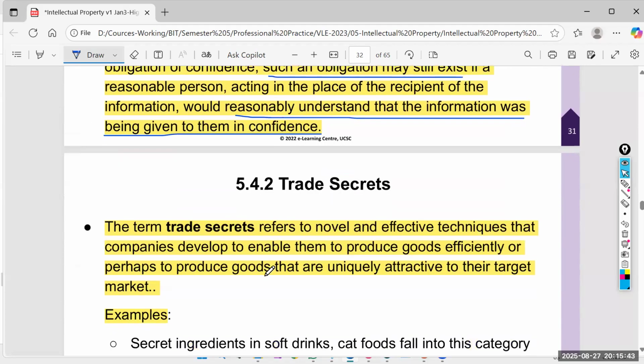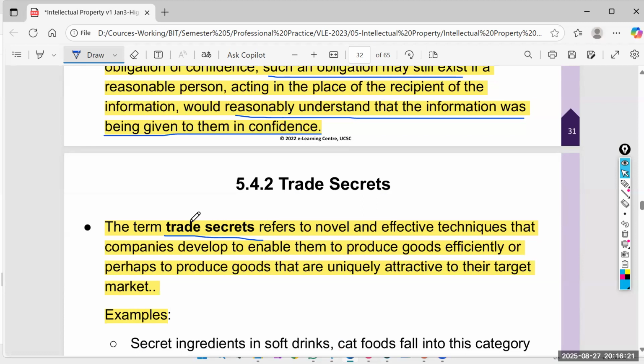Most of the time, these are implicit, especially if you don't have a non-disclosure agreement. It doesn't mean that you can disclose anything. Still, you are legally bound, but it's stronger when there's an NDA signed. These trade secrets are secrets that give a competitive advantage to a company, especially very technical things like designs and architectures in software.